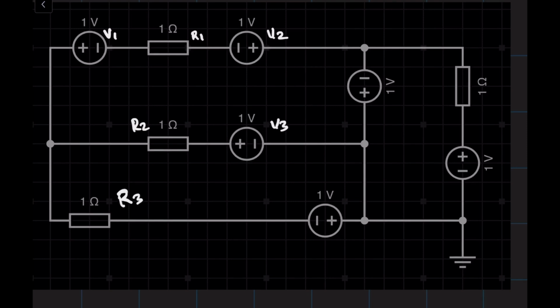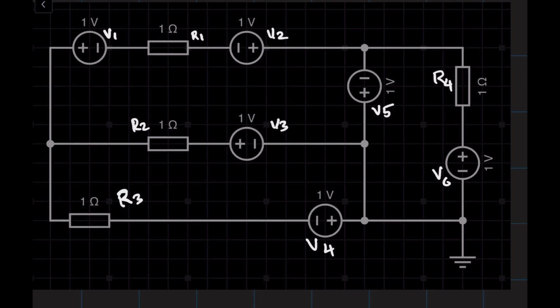And here we have a source V4. Here we have V5. Here we have a resistance R4. Here we have V6. So we have 6 voltage sources and altogether 4 resistors.